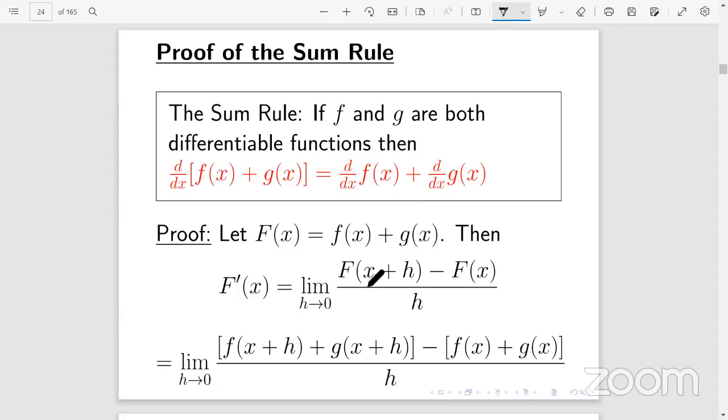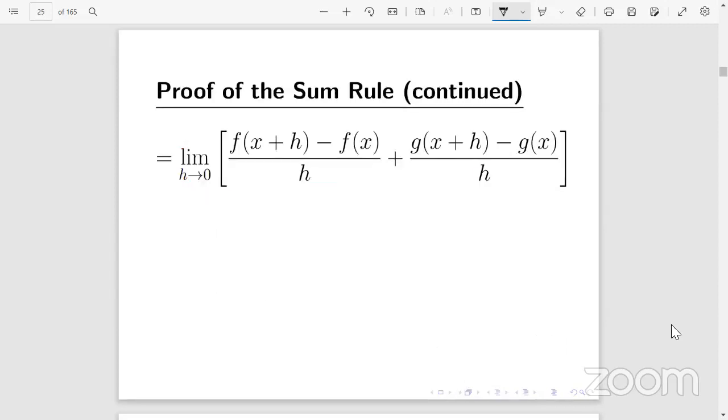So now, if we substitute, remember that capital F is small f plus small g. Since this is capital F at x plus h, substituting means that this is what we have. Then this capital F becomes f plus g. Now, with the power of associativity, we can move this minus f of x and associate it with this f of x plus h, and take this g and add it with g at x plus h.